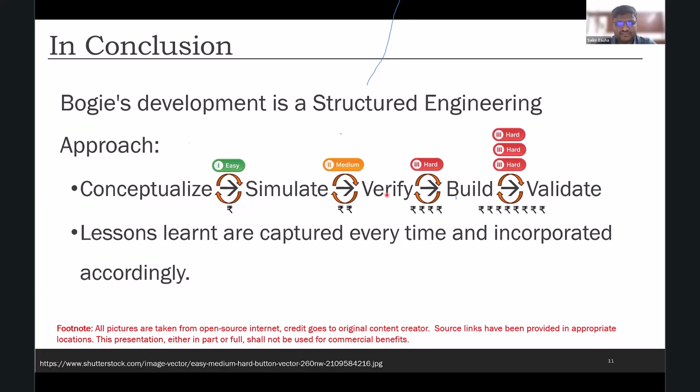You may find some issues in your verifications, you come back and maybe tweak your model, and then redo things. And it might become a little complicated because you might have already started ordering the long lead parts, which are already on ship to reach your place. It keeps on becoming more complicated as you find the mistake later in the design or development phase. Quite logical, I don't have to explain in detail, but this is how it goes.